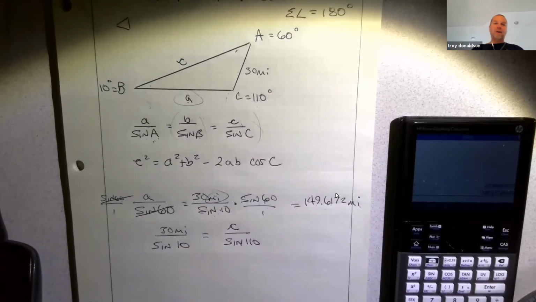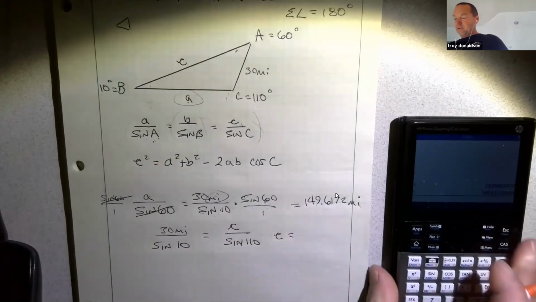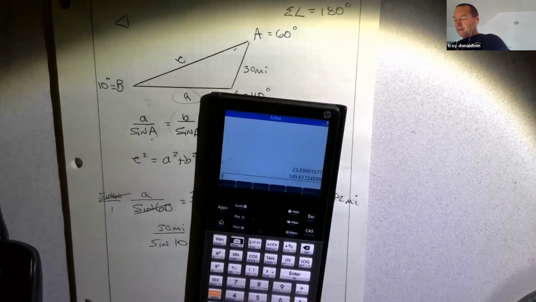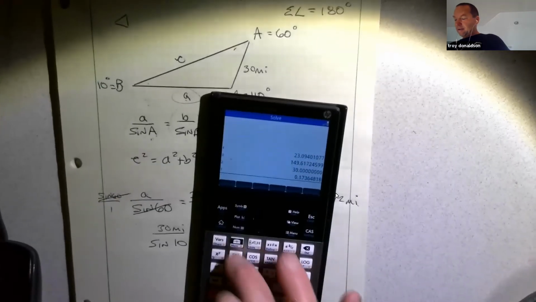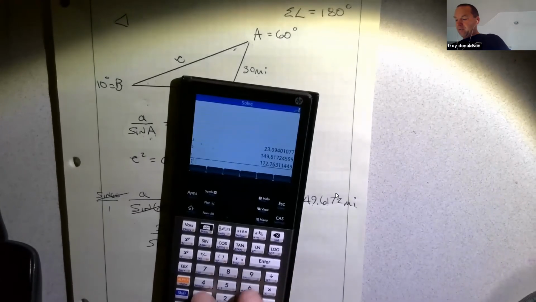Okay. All right. So let's run that. To get C, this comes across and becomes a multiplier. So C equals 30 divided by sine 10 and multiplied by the 110 sine.